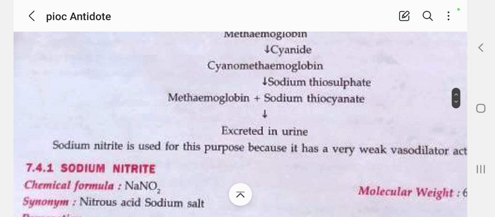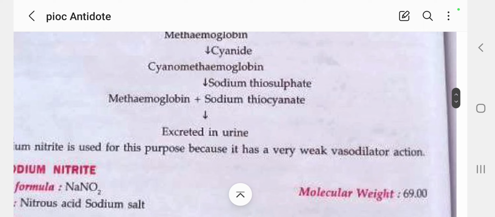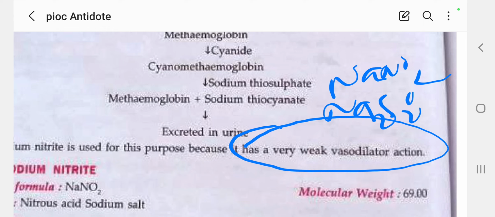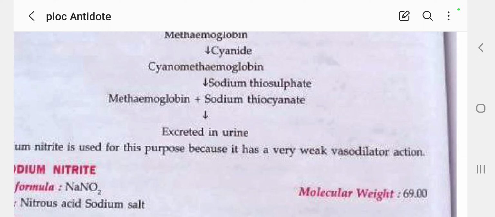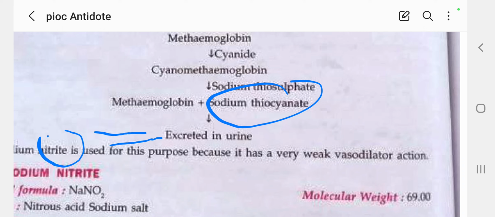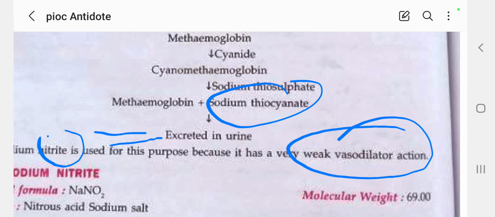Sodium nitrite is used for this purpose, but it has a very weak vasodilator action. Among these two pharmaceutical inorganic substances, NaNO2 and Na2S2O3, we give preference to sodium thiosulfate. Why? Because sodium nitrite has a vasodilator action.